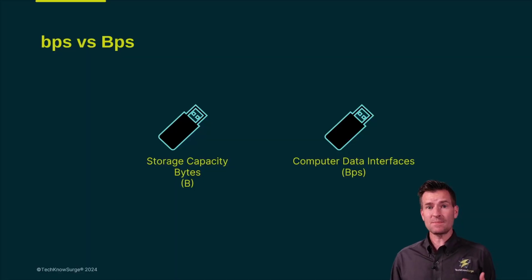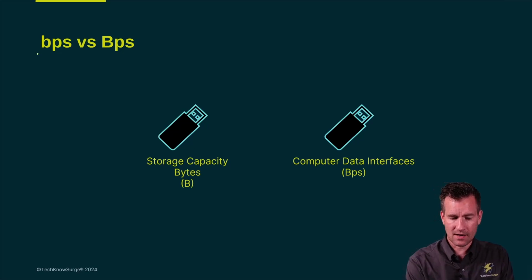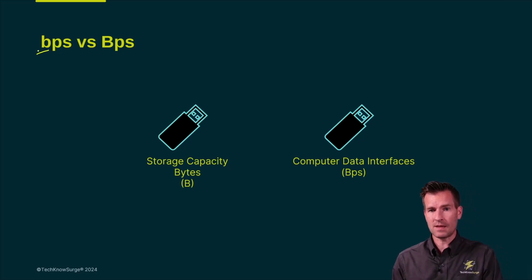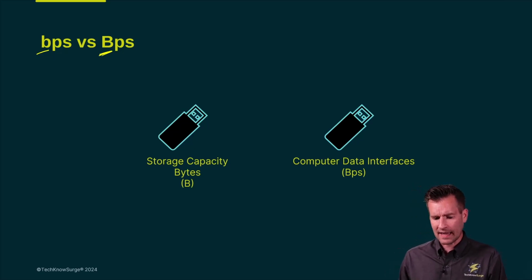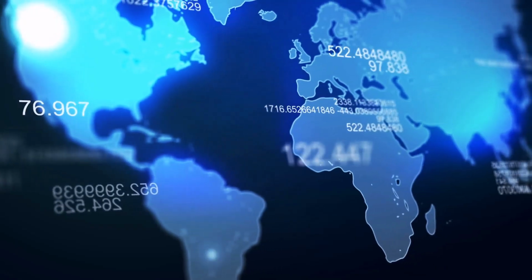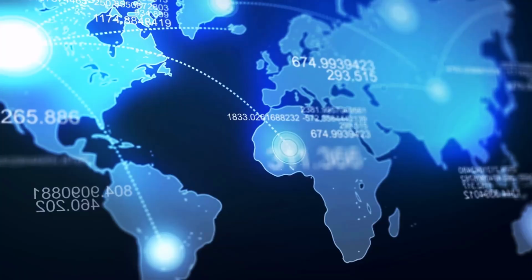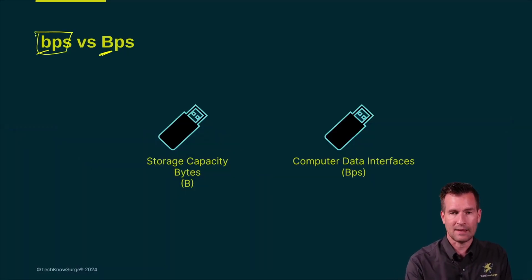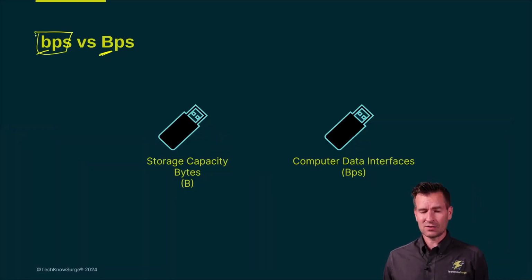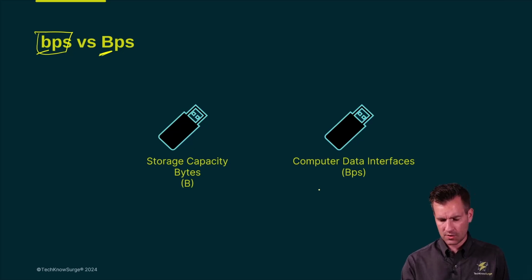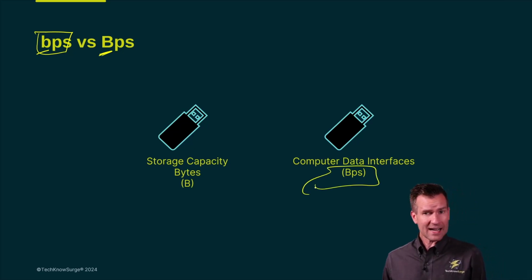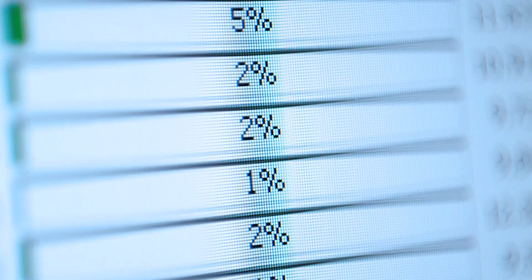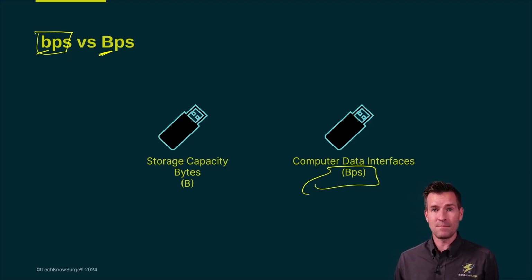Now, transmission speed is not always in bits, so you do have to watch out for this, because there is a difference between little b BPS and big B BPS. Where we see a difference with this is transmission speed of connections to the internet is usually bits per second. But when we're dealing with something like storage, we might see bytes per second. So depending on what type of connection it is, a lot of our computer connections when transferring data is in bytes per second rather than bits per second.